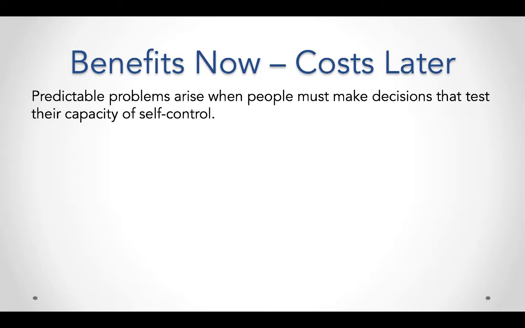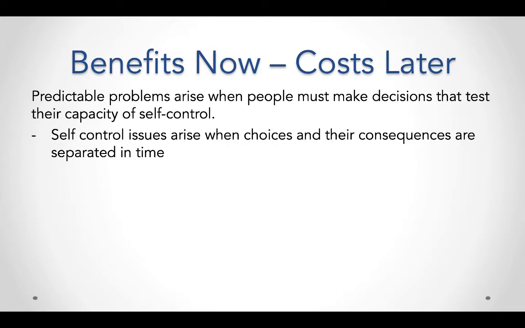And self-control is where this is happening, because self-control is a System 2 action, a conscious action of System 2. And if we are testing our capacity of self-control, we might run into problems, because System 1 is very strong. Remember, we use System 1 to make most of our decisions.